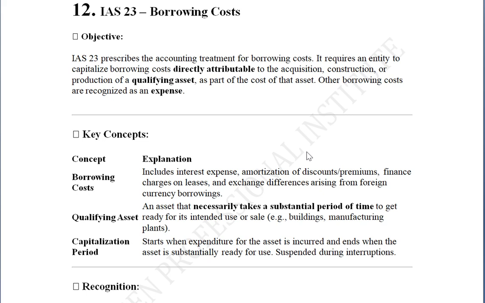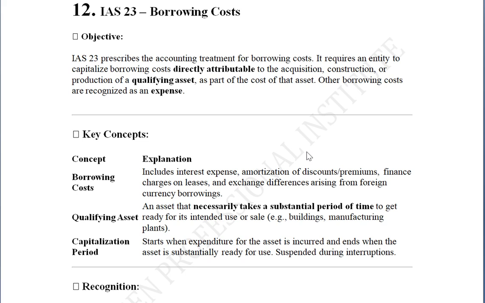Now, IS 23 is one of the standards that prescribe how to treat borrowing cost. In other words, it tells us what exactly is the borrowing cost that can be added to the cost of an asset, that can be capitalized as part of the cost of an asset.